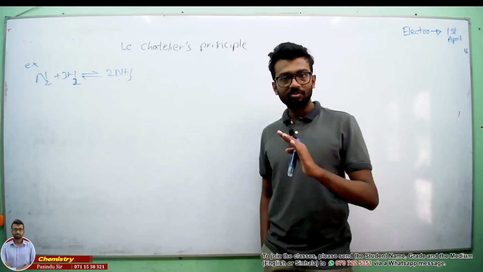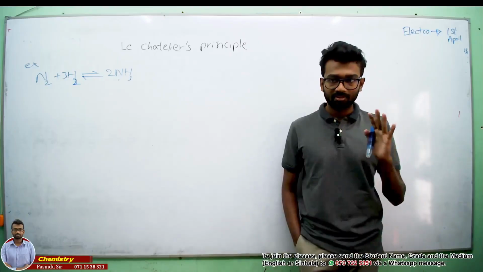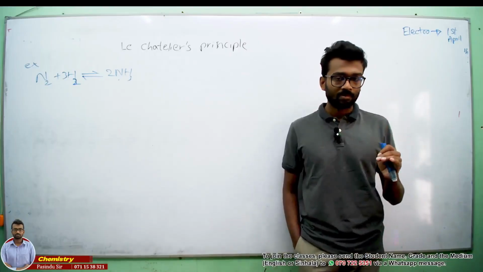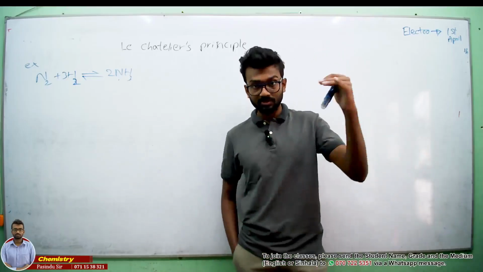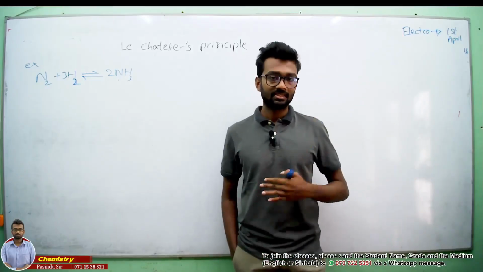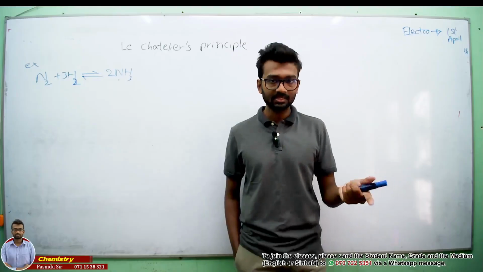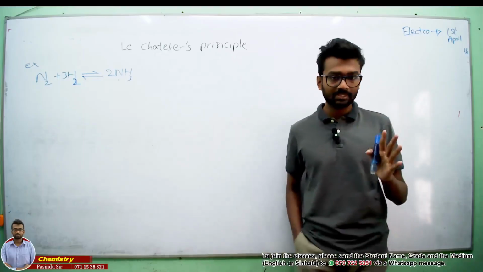It's valid for every reaction. Whatever the reaction, even for biochemical reactions up to some temperature limit, it's valid. When you increase the temperature, it will increase the rate. Okay, just keep it in your mind.